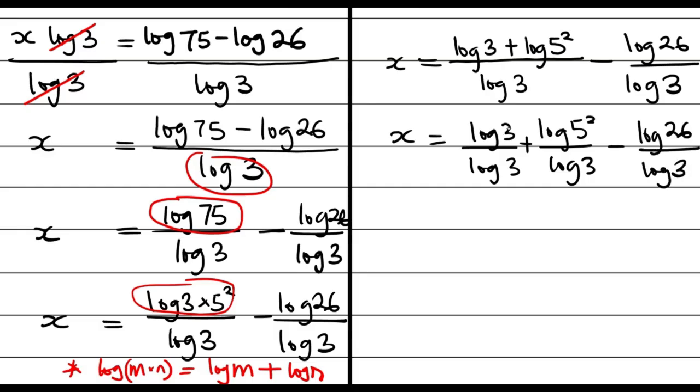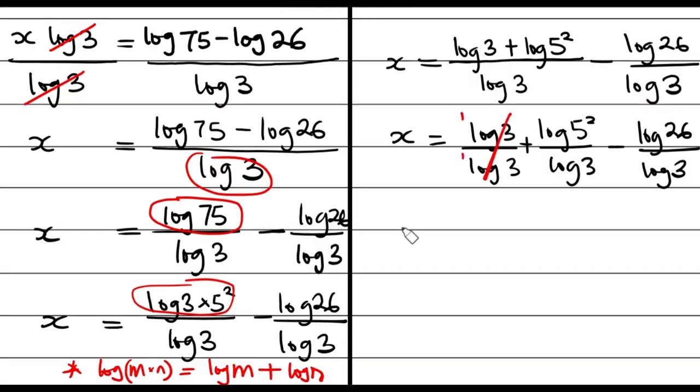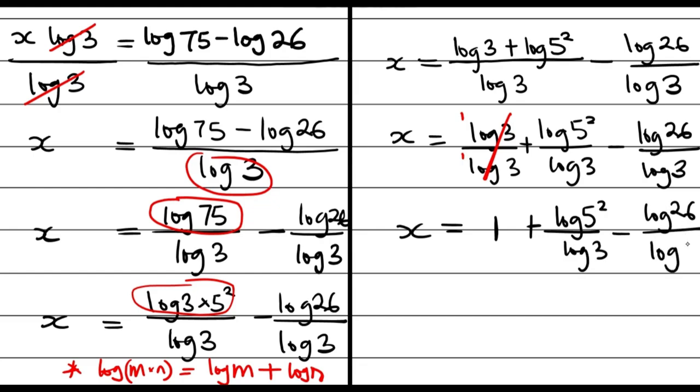At the end of the day, I have 1 here. If I write this, I have x equals 1 plus log of 5 square over log of 3, minus log of 26 over log of 3.